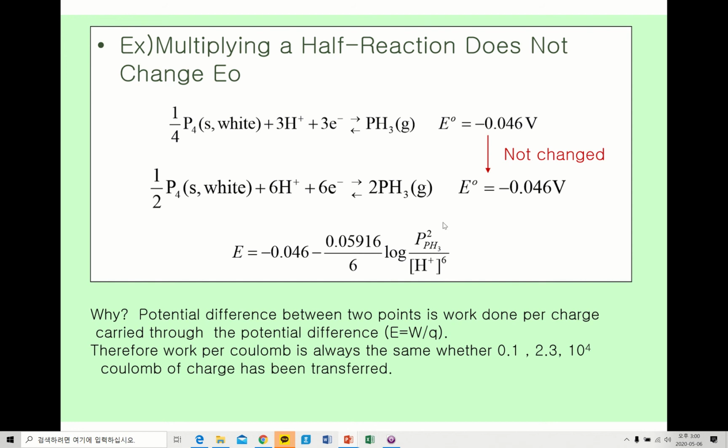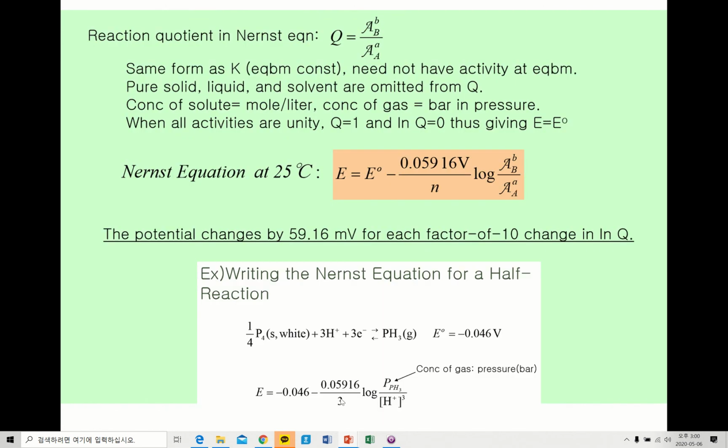As you know from the log property, the 2 and 6 can be reduced: the exponents become a third power, and the 2 cancels with the 6, and the 6 becomes a 3, and we have the same Nernst equation here.